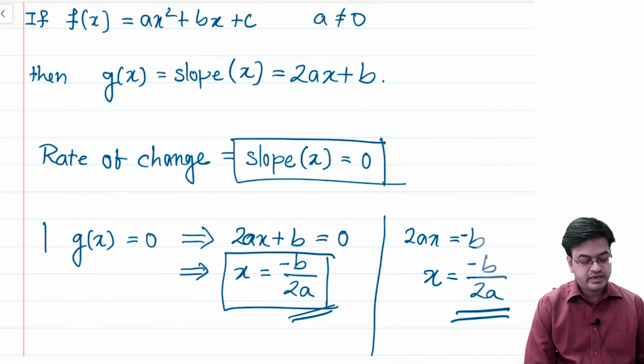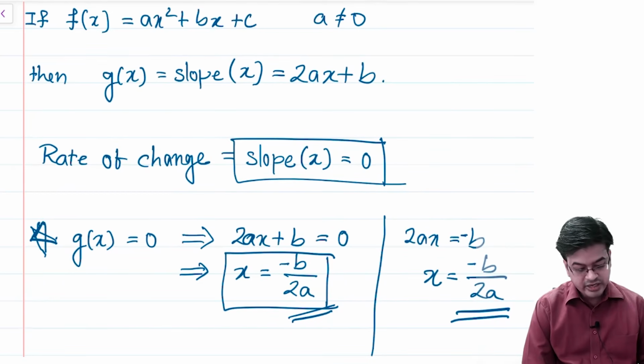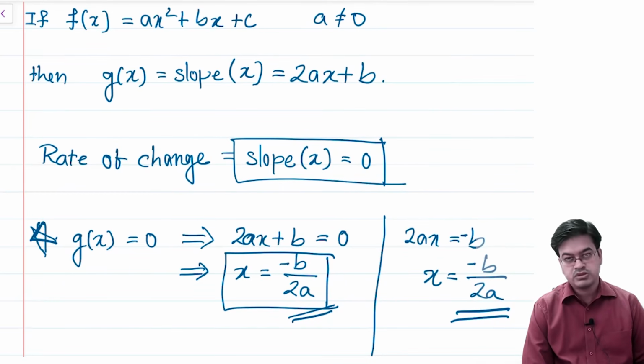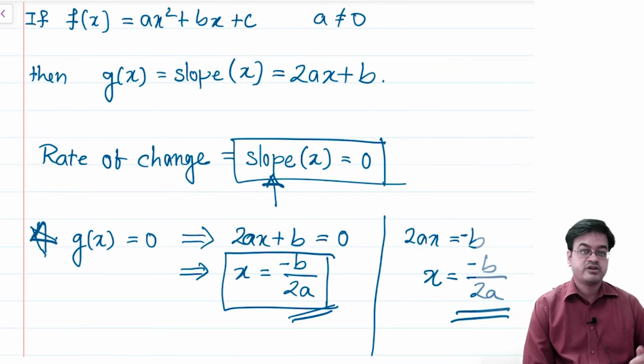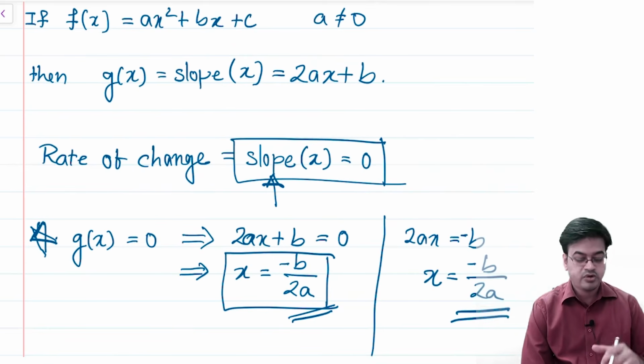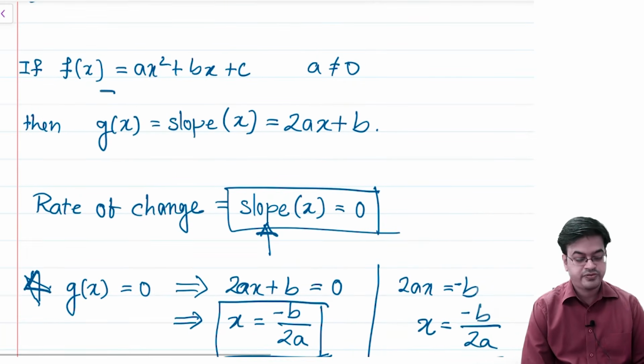You can easily give a physical interpretation of this: because the rate of change is coming to 0, the rate of change prior to this might be positive and now it is going to become negative. That means the rate of change is changing and therefore the slope 0 is going to be the minimum or maximum of the original function f.